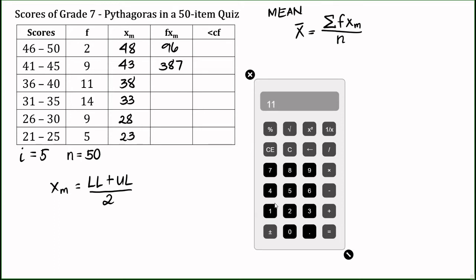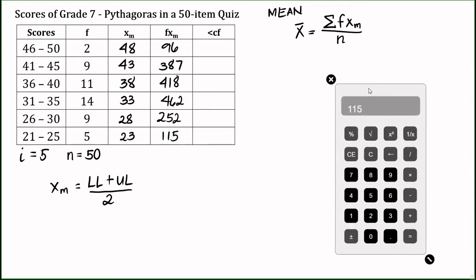Next, 11 times 38, we have 418. And then next is 14 times 33, we have 462. And then 9 times 28 is 252. Lastly, 5 times 23, we have 115.